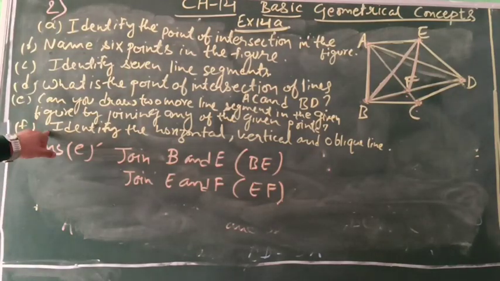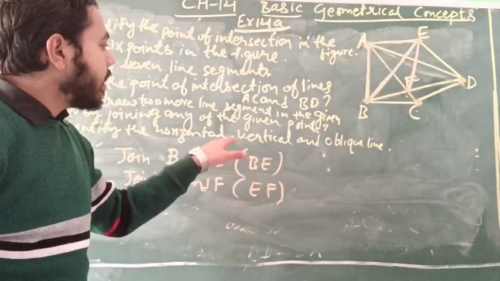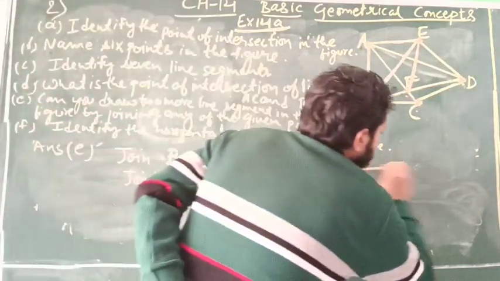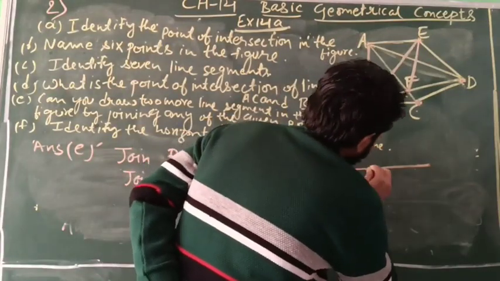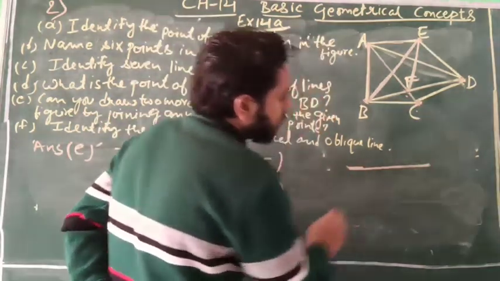And now the last one: identify the horizontal, vertical and oblique lines. You know, this is a horizontal line, in sleeping position.